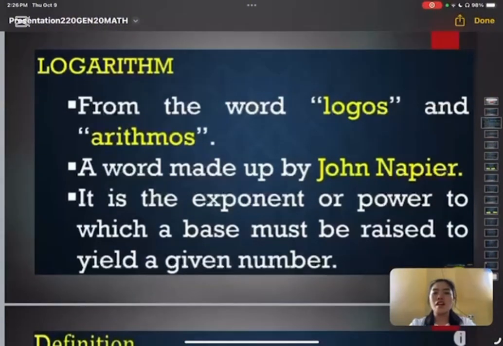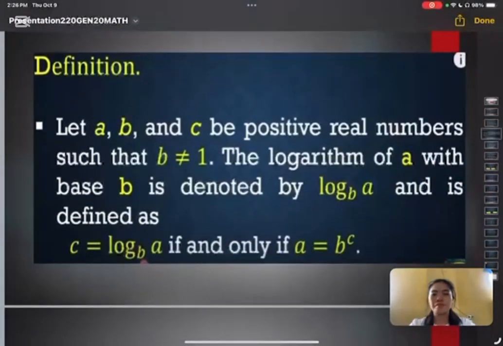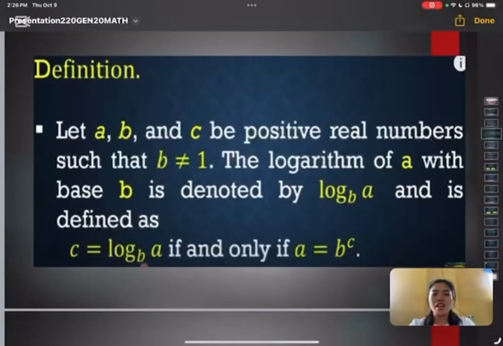It is the exponent or power to which a base must be raised to yield a given number. Now, by definition, let A, B, and C be positive real numbers such that B must not be equal to 1.